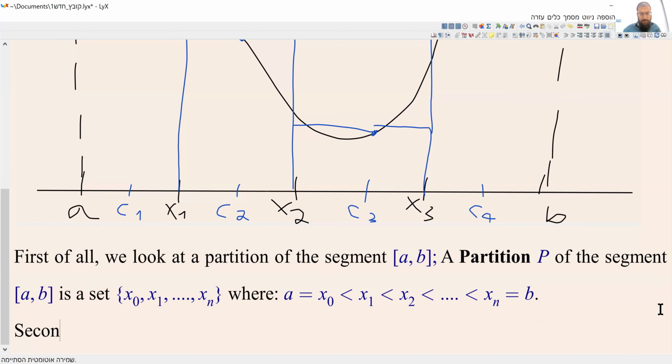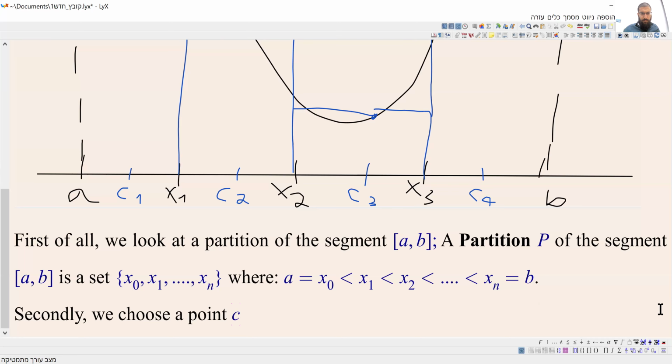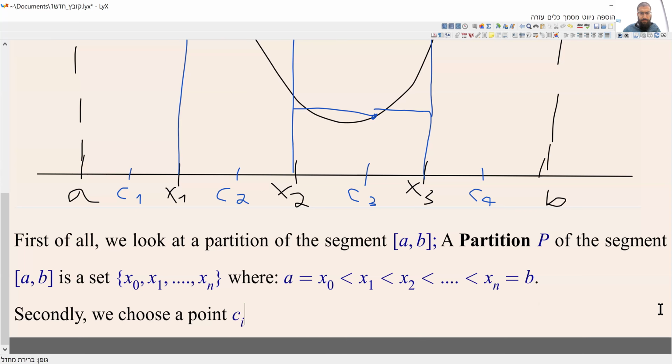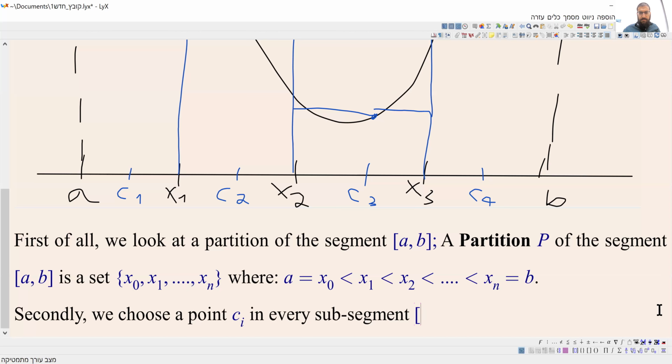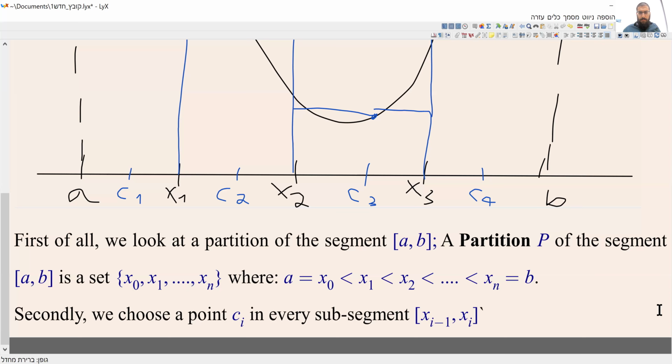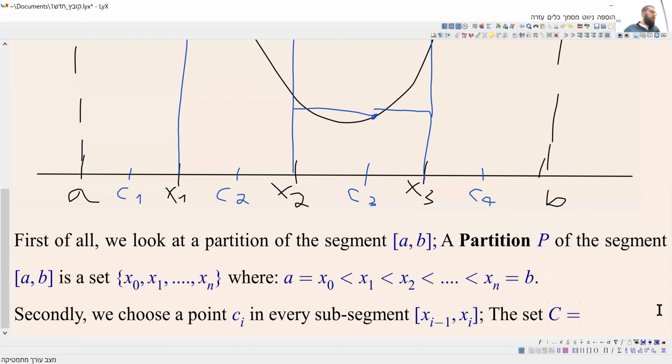Secondly, we choose a point ci in every subsegment, let's call it that way, between x(i-1) and xi. The set is denoted with C, because we're choosing points.